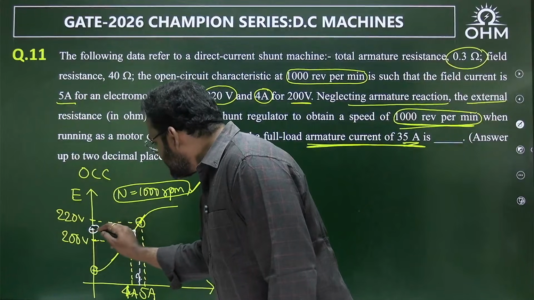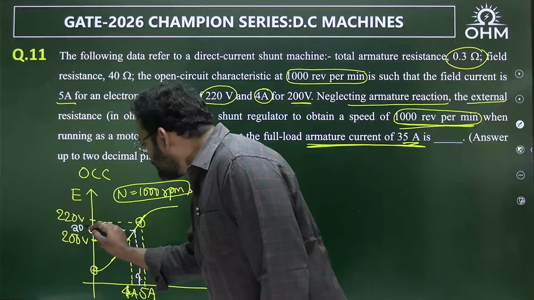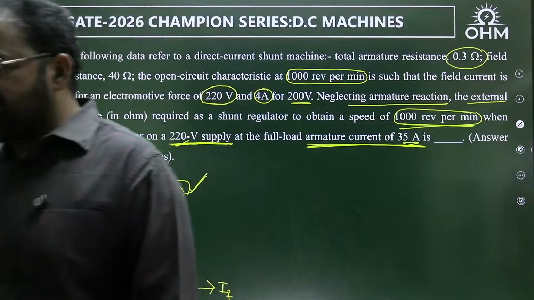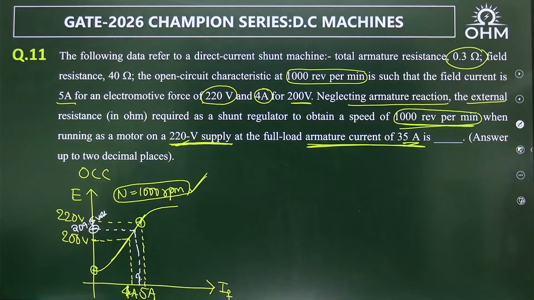Let me write 209.5. Can you estimate according to the given graph? At what field current will I get that 209.5? Definitely between 4 and 5, but I need the exact answer. Come on. If 5 ampere can give you 220 volt, 4 ampere can give you 200 volt, then what current will give you 209.5 volt?